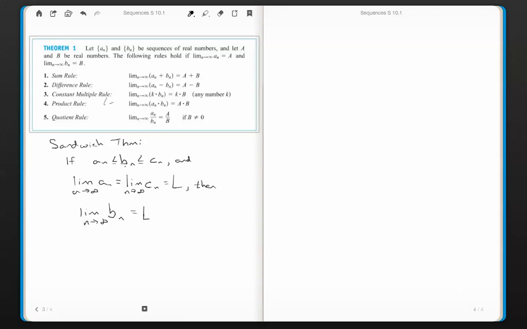That's if it's sandwiched in there. Another handy one that will come up is our old friend L'Hopital.